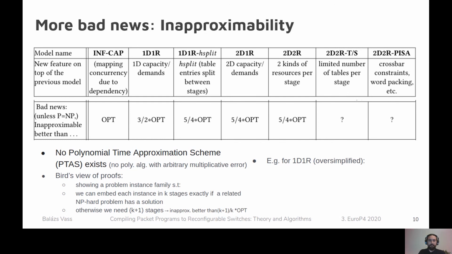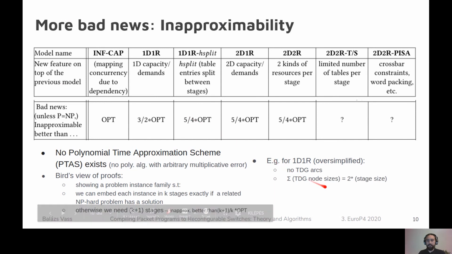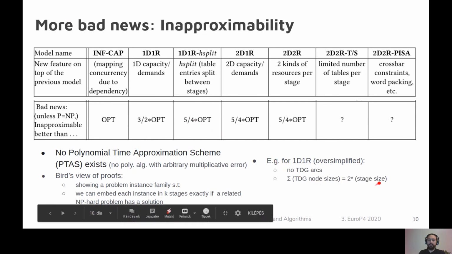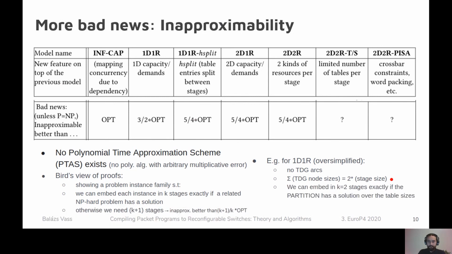For example, if we have one-dimensional capacities, we take a TDG with no arcs, such that the total size of nodes of the TDG is 2 times the size of a stage. This means that we can embed the TDG in 2 stages exactly if the partition problem has a solution over the table sizes, which is NP-hard to decide.